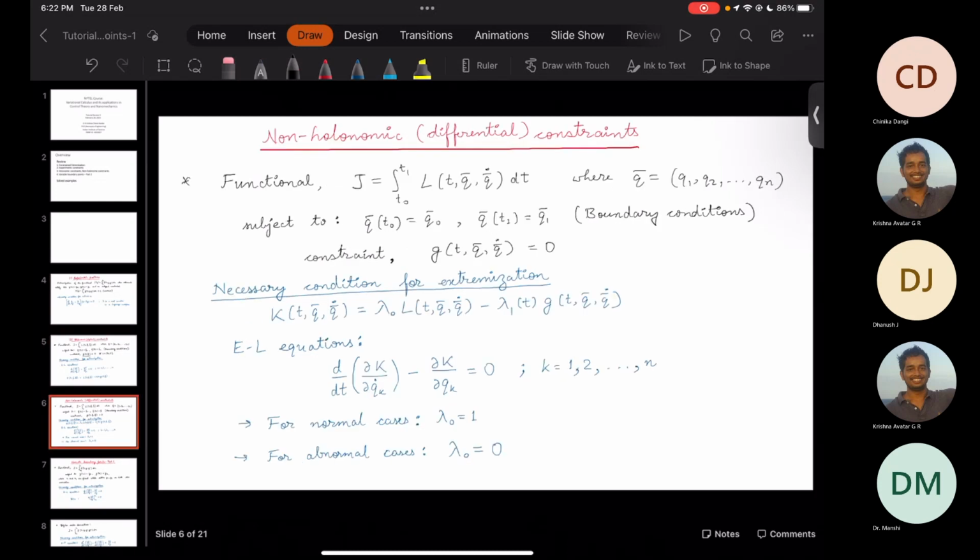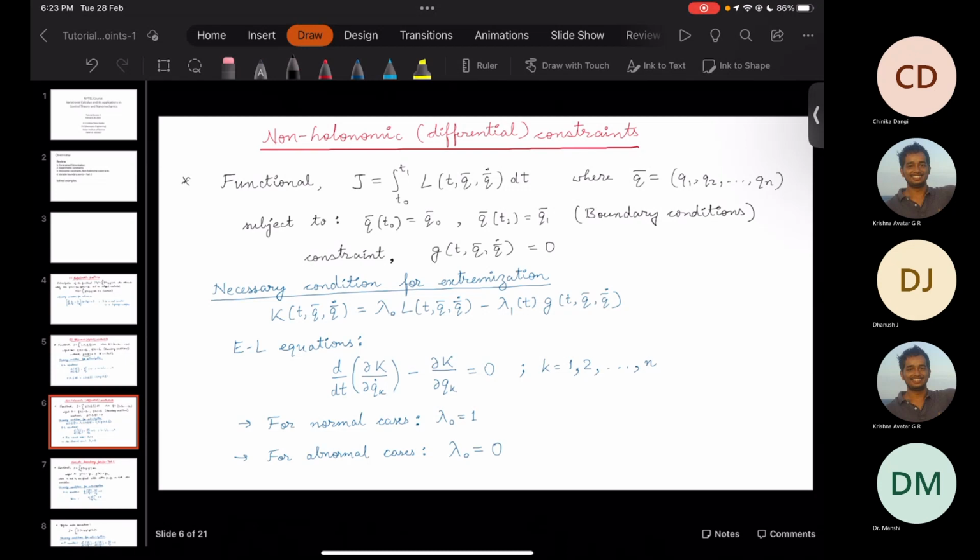Now for non-holonomic or differential constraints, we have a functional of similar form, which is j equal to the integral from t0 to t1 of L(t, q vector, q dot vector), where again q vector is a column vector of n dependent variables, subject to two fixed end conditions, and we have a constraint g as a function of t, q vector and q dot vector, which equals 0.